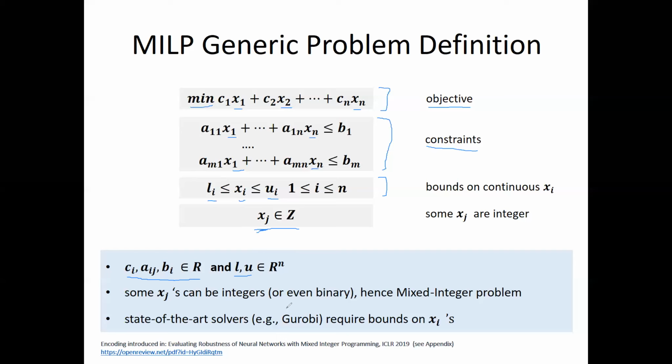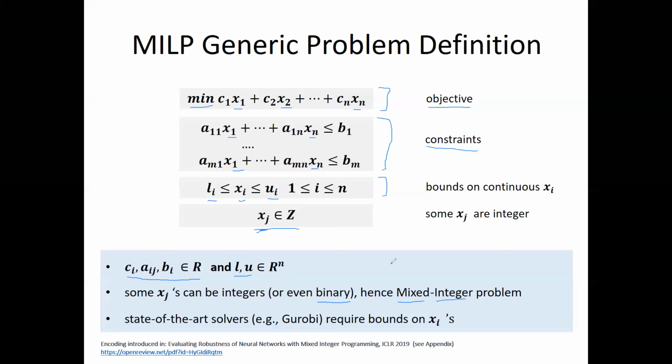In our case, when we are encoding the neural network verification problems, they're even simpler. They're just going to be binary, taking on the values 0 and 1. And because they can be integers, or in our special case binary, we have a mixed integer problem where some of the variables are reals and some are integers.